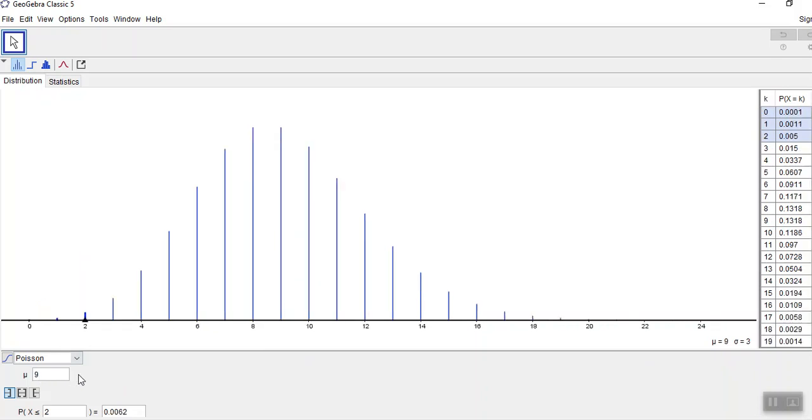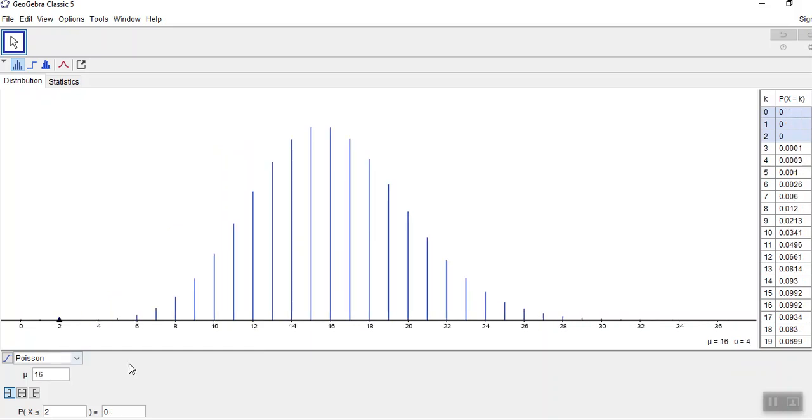Okay, so now the standard deviation has gone to 3. You can probably tell what's happening here. And then let's try 16. Okay, so as expected, you probably spot that the mean is the same as the parameter, and the standard deviation is the square root of it, which means obviously that the variance will also be the same.